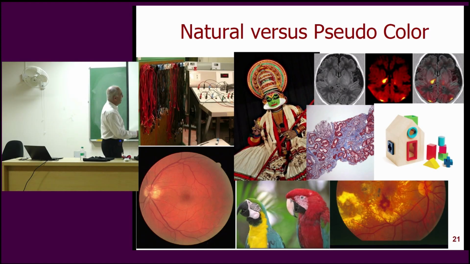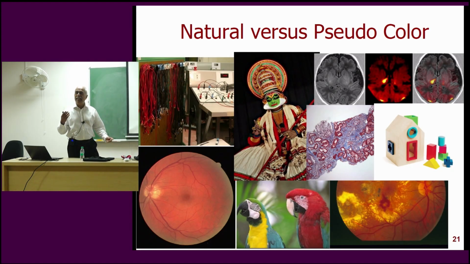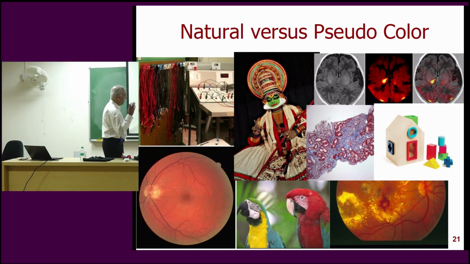And there could be some greenish pigment deposits. Red represents hemorrhage, and blood vessels are here. The optic nerve head area is also typically bright, yellow, not really white, sort of yellow to white. So color has some meaning here.